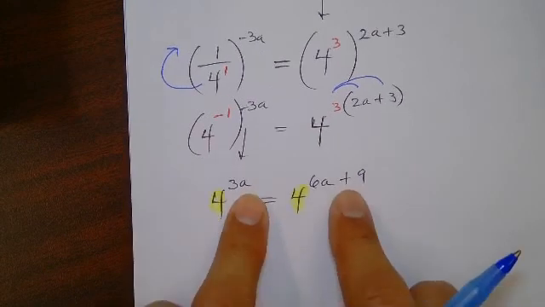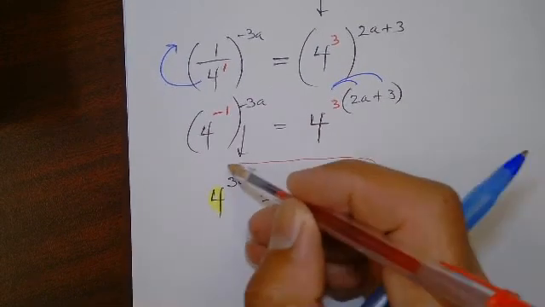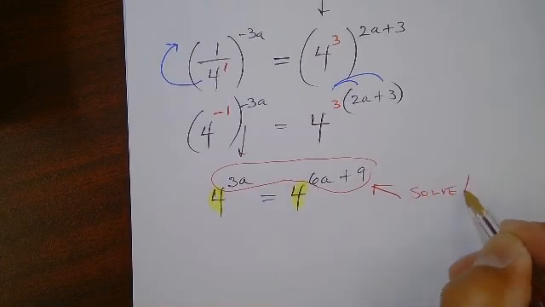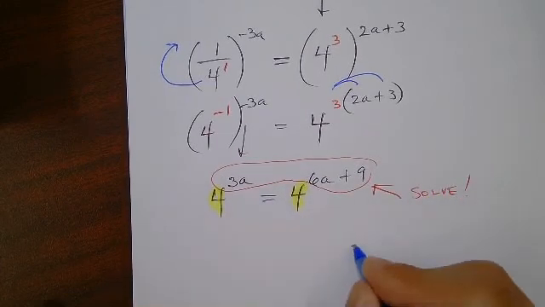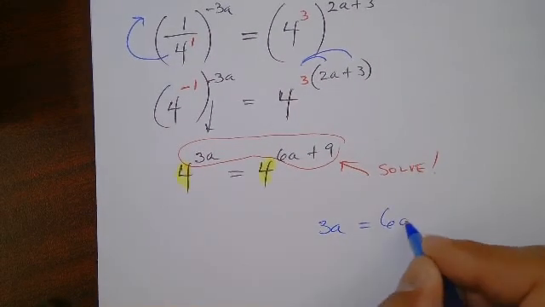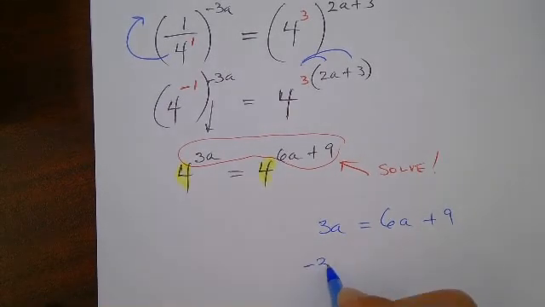And now we got it to this place where we want to get, we have the same base, and now we solve the expressions up here and set these exponents equal to each other. So that'll be 3a is equal to 6a plus 9.